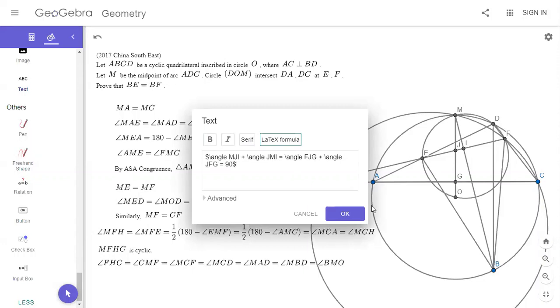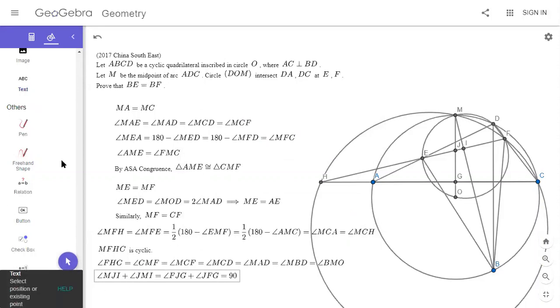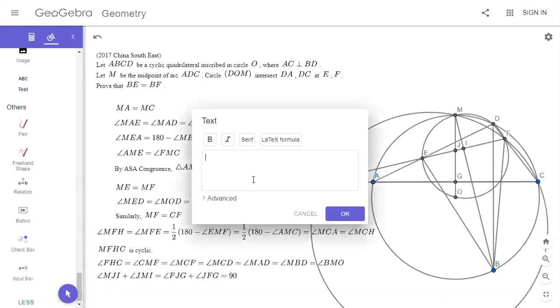So that means that MI is perpendicular to JI. So BM is perpendicular to EF.